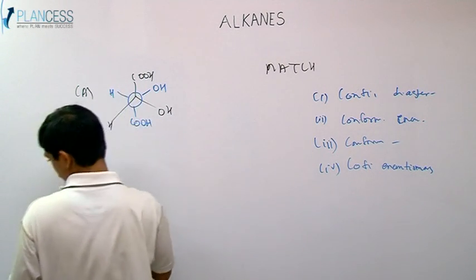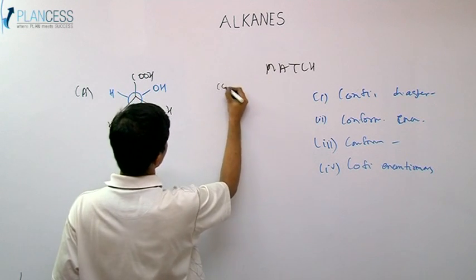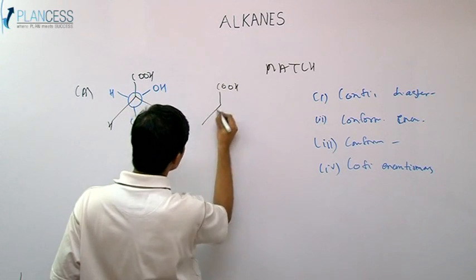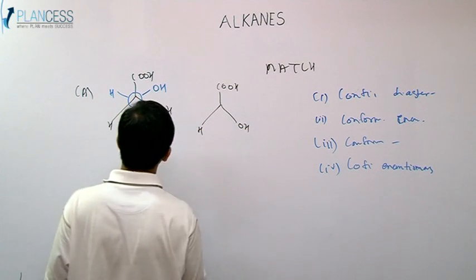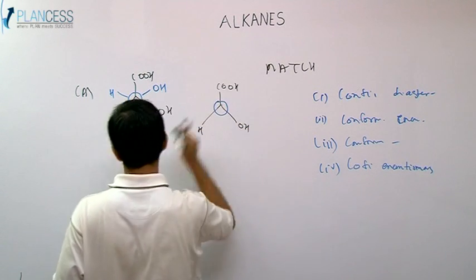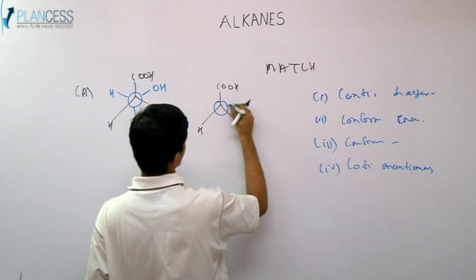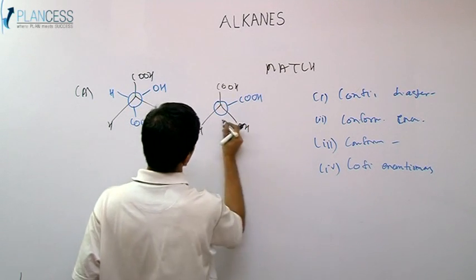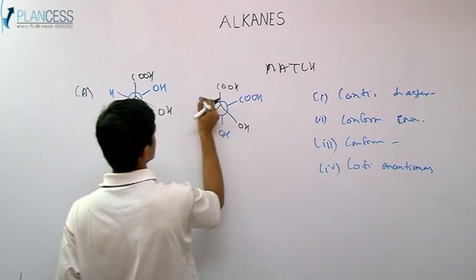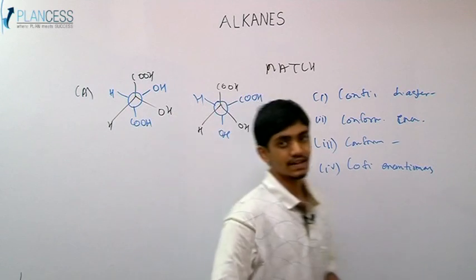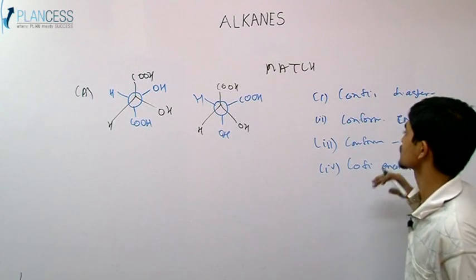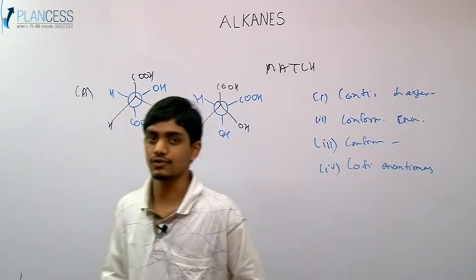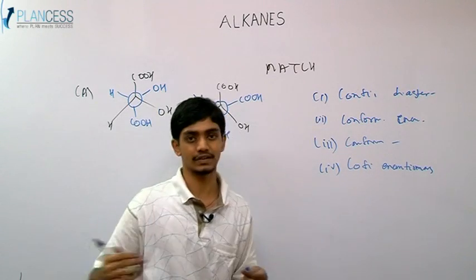The second pair is COH, OH, H, and at the back COH, OH, and H. Now as we see that this is a Newman projection, and we are asking the relationship between the Newman projections, diastereomers, enantiomers, etc.